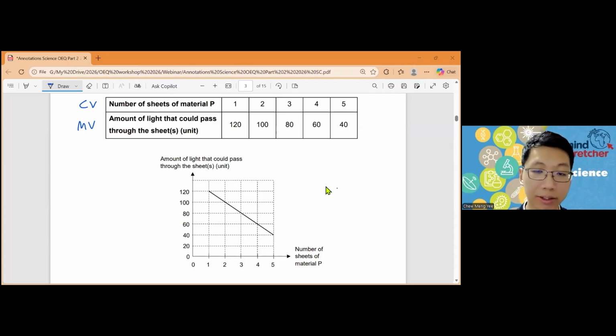Likewise, usually for graphs, the x-axis, which is the horizontal line, is the change variable, and the amount of light is the measured variable. Usually the horizontal one, which is what we call the x-axis, is the change variable. And usually the vertical one is the measured variable. This is the y-axis. So all of you must know this.